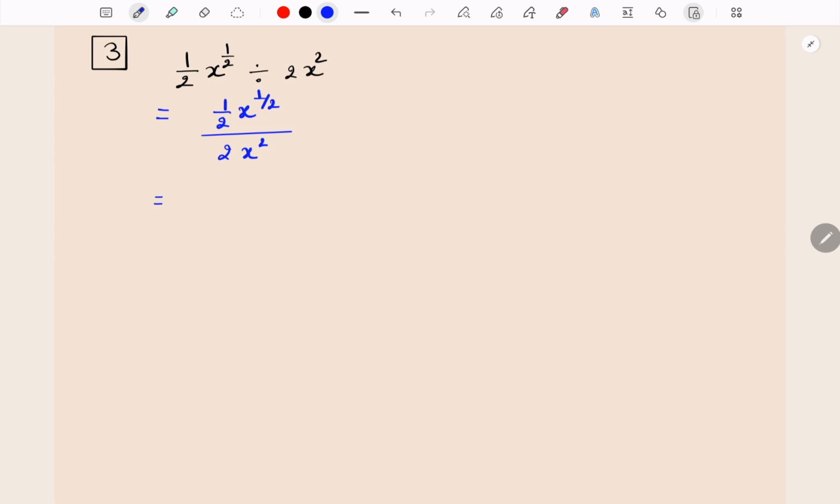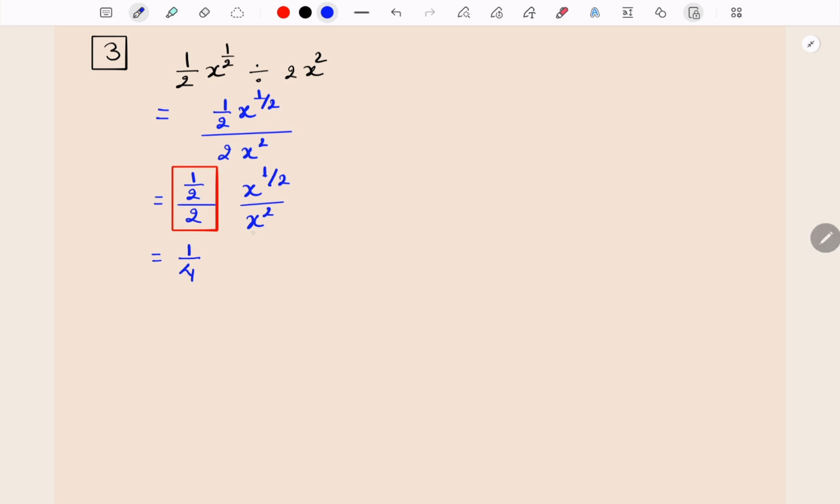Now let's separate the coefficients. So we have 1 over 2 divided by 2, and here we have x raised to the power of 1 over 2 divided by x squared. Now look carefully, this part we have 1 over 2 divided by 2, that would be 1 over 4, right? The next part is this division.